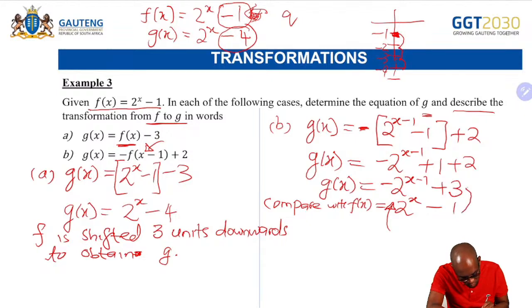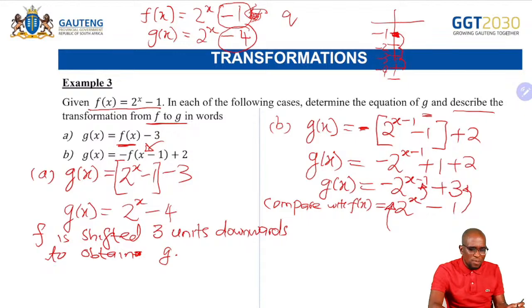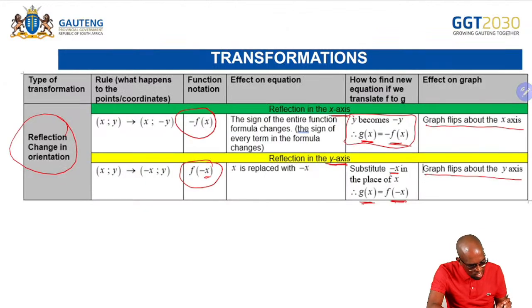Instead of negative 1, there's now a 3. There's a change also. Instead of x, we have x minus 1. So this transformation occurred in 3 different ways. So we need to be able to describe it. Now, what is the transformation that changes f of x to negative f of x?